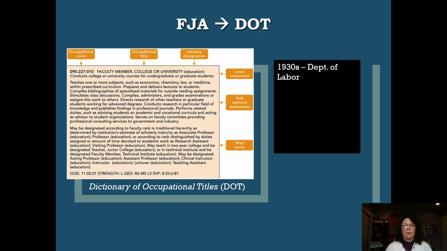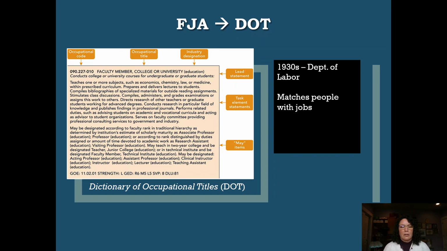There's a lead statement, which tries to encapsulate the overall job, with a following colon, so that you know you're going to hear more of the task element statements, and then in the next paragraph, some of the may statements. May do this, may do that.